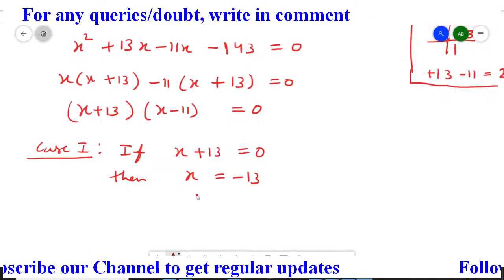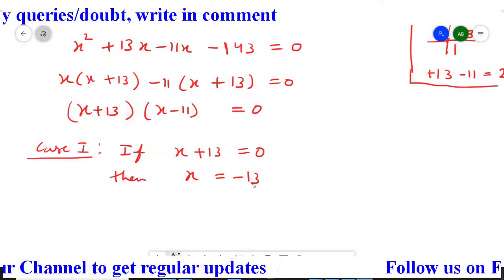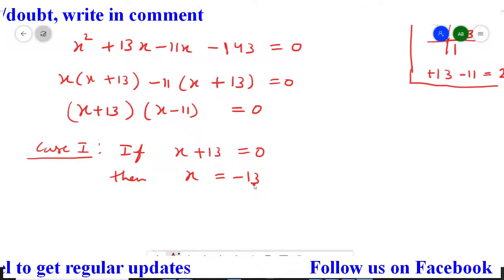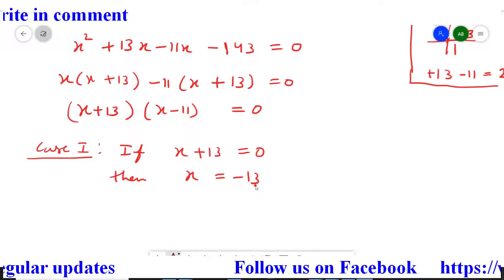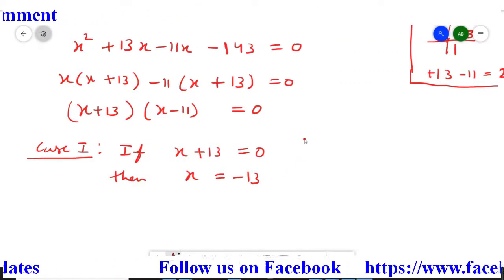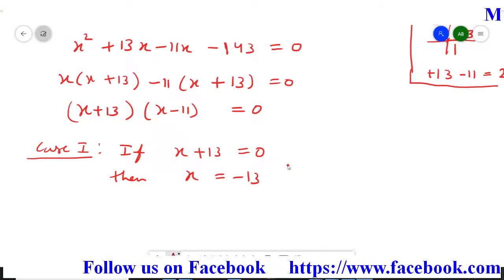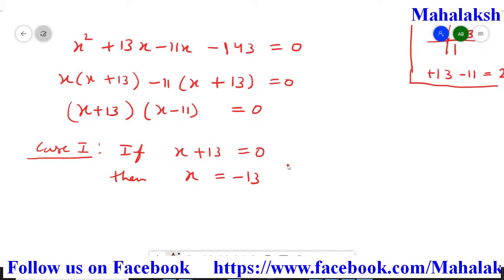Now we have to check whether this answer is possible for us or not. In the question, we need an odd number, and it should be positive. That's why this answer is not acceptable.